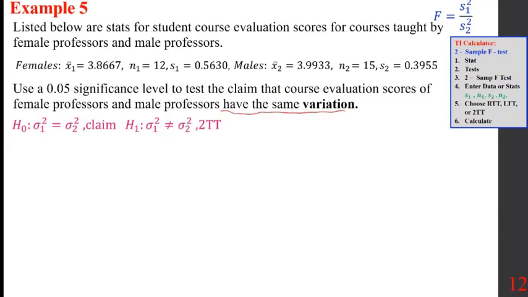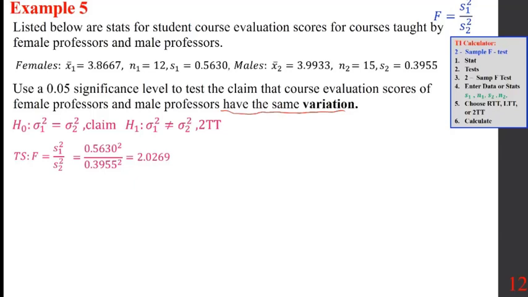And not equal makes a two-tailed test. So the test statistic, S1 squared over S2 squared. Plug in. Notice we need to square them. So I want you to pay attention whether the variance is given or standard deviation. In this case, standard deviation is given. You must square both numbers.